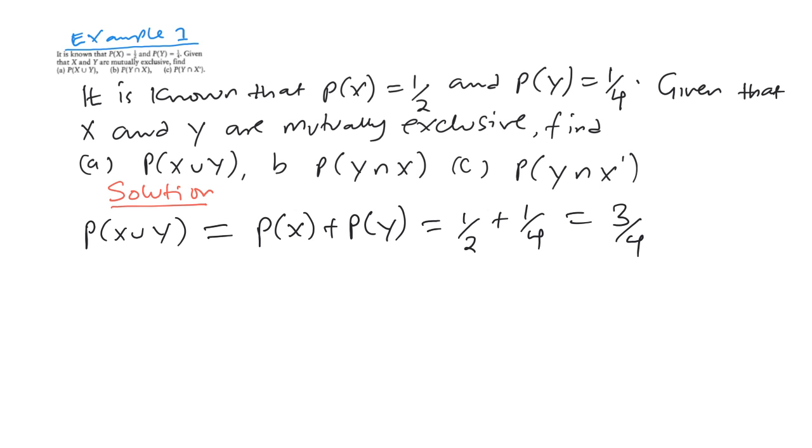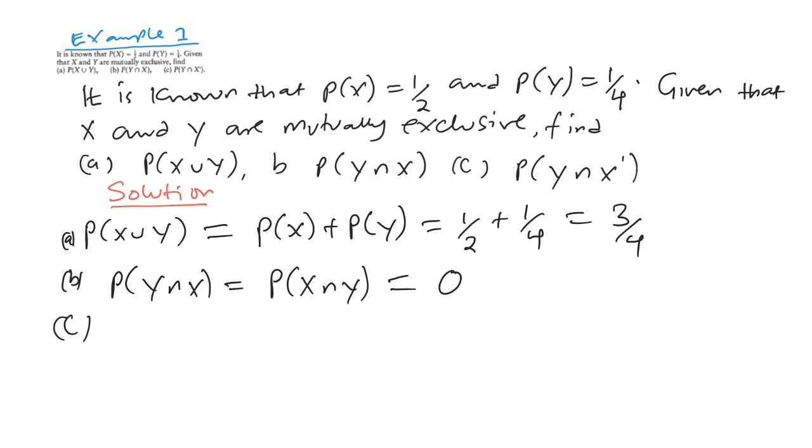So the probability of X union Y is 3 out of 4. Next, B: the probability of Y intersection X. Remember, the probability of Y intersection X is the same thing as the probability of X intersection Y. And we know that for mutually exclusive events, the intersection is equal to 0. Don't even waste time calculating.